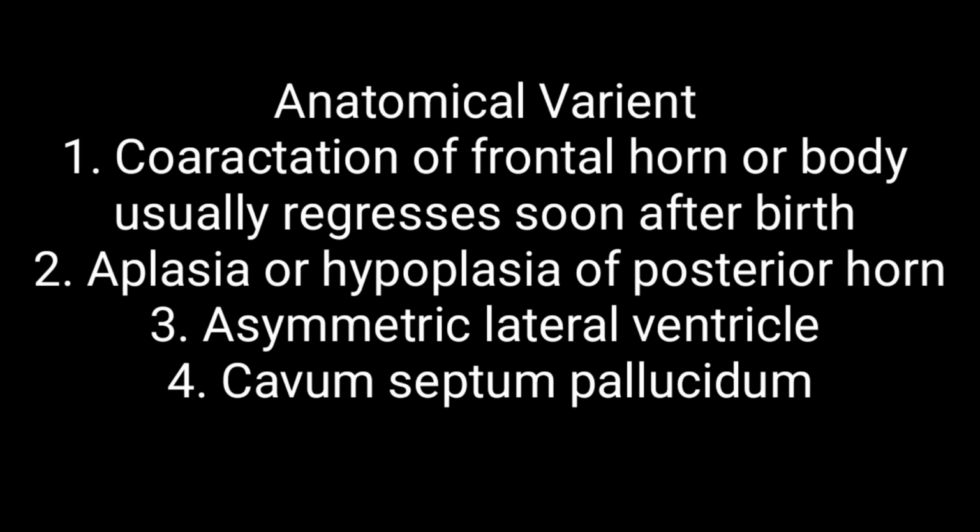Asymmetric lateral ventricles also occur in a few people, as does cavum septum pellucidum. So these are all anatomical variants. Before jumping to the conclusion that this is a pathological process, you should have the idea that there are certain anatomical variants which you will come across while reporting ventriculomegaly.